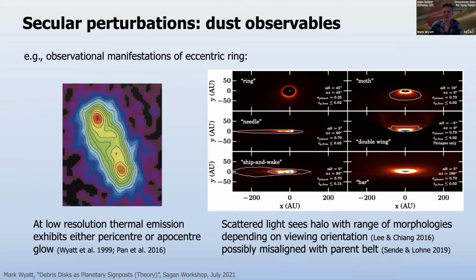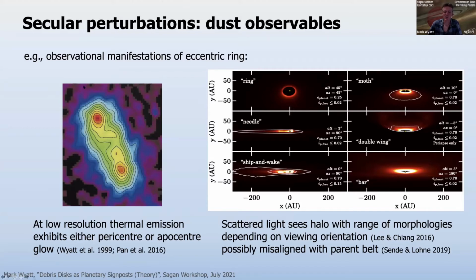It's worth pointing out that if you look at the dust that is affected by radiation pressure, then that could look slightly different. And you can get a range of different types of structures, even from a relatively simple model. So this, for example, shows if you have an eccentric ring of planetesimals, what it would look like in different observations.